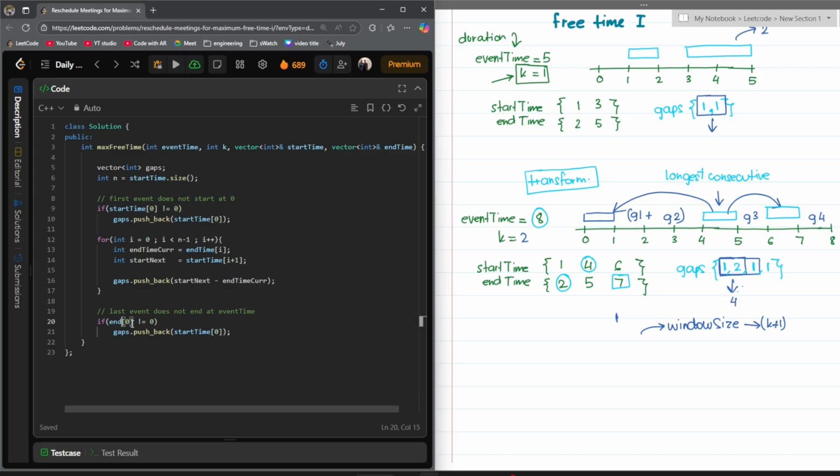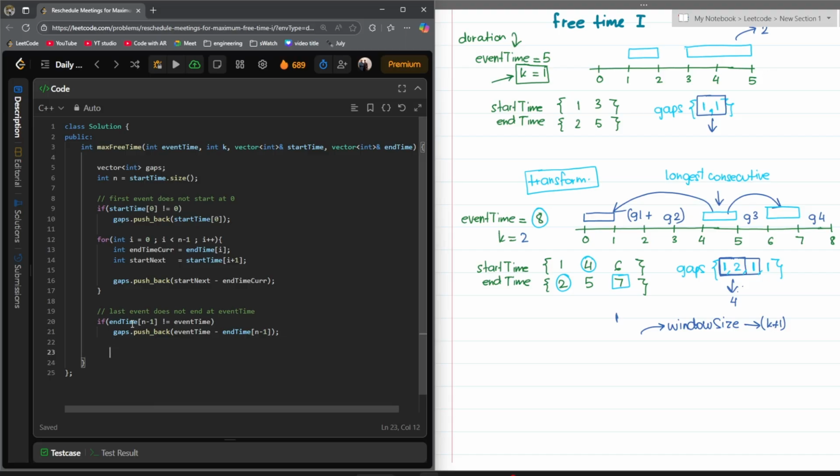So if end time of n minus 1 is not equal to event time, then what am I going to do? I am going to push back inside of gaps event time minus end time of n minus 1. Perfect. This makes a lot of sense.